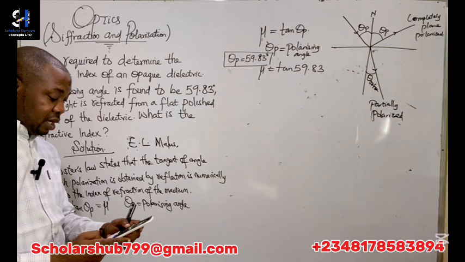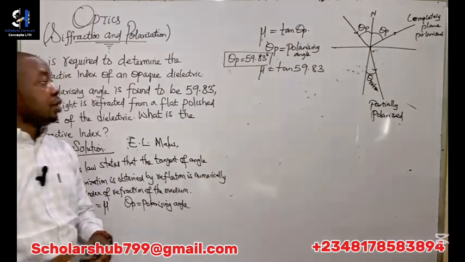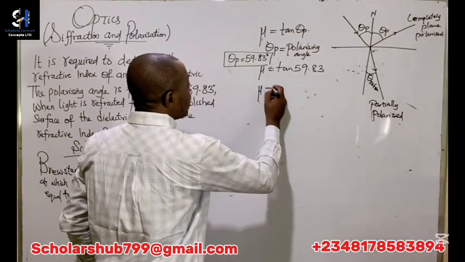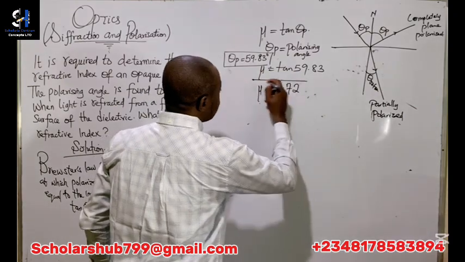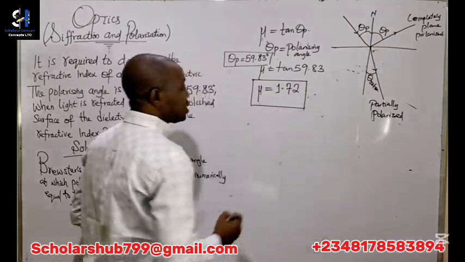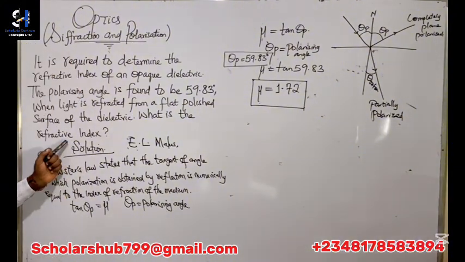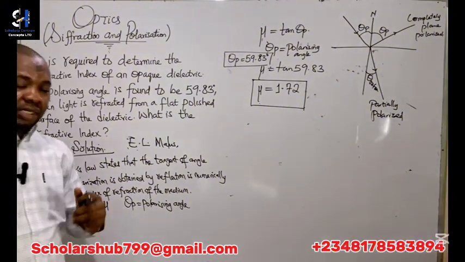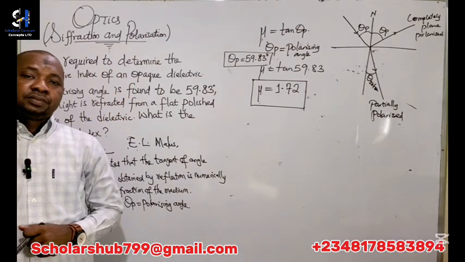That will be 1.72. So the refractive index of the material medium will be 1.72, and that is what we are asked to calculate. That is the refractive index of the material medium.